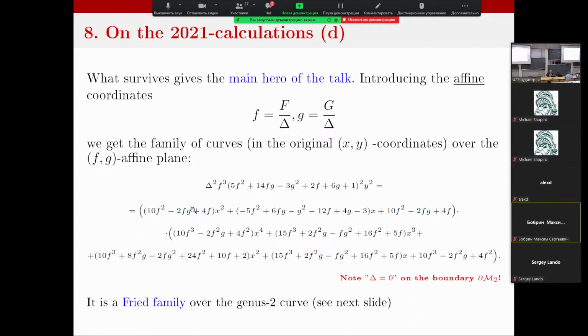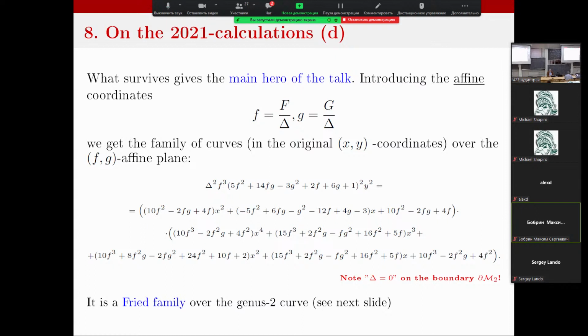But we could put it in the right-hand side and be sure that the set of zeros of delta lies on the boundary of moduli spaces of genus 2, in fact, with great multiplicity. Sorry, do you mean that all the zeros are on the boundary?